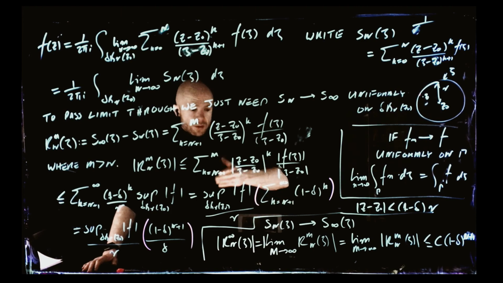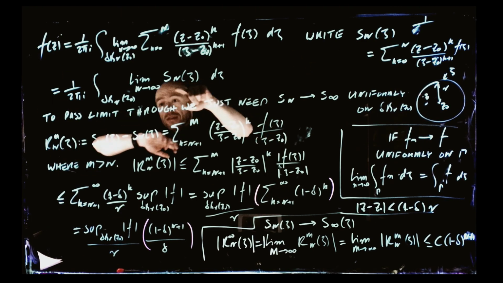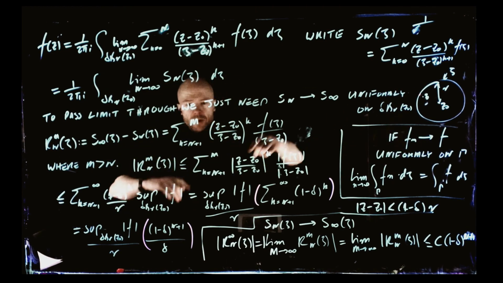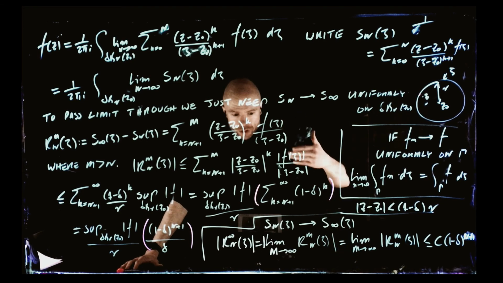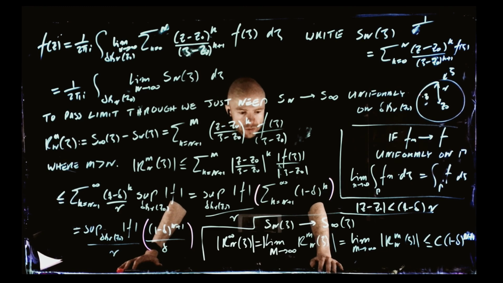And this allows us to exchange, to take this limit outside this integral, and the last equation we wrote on the previous board gives exactly the expansion. So we've proved the Taylor expansion for holomorphic functions, and it followed really easily from just the Cauchy integral formula.